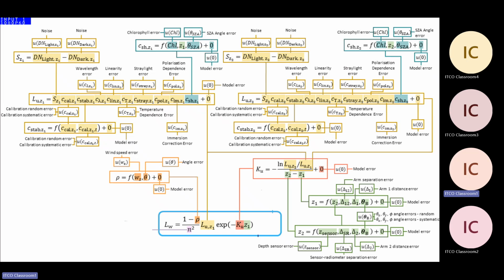And finally, you have the rho coefficient, which is the Fresnel reflection. So that's a function of the wind speed and the angle. Again, that's a model, that's a value, and you can imagine that depending on the angular resolution you use, you might end up with some uncertainty on that value.